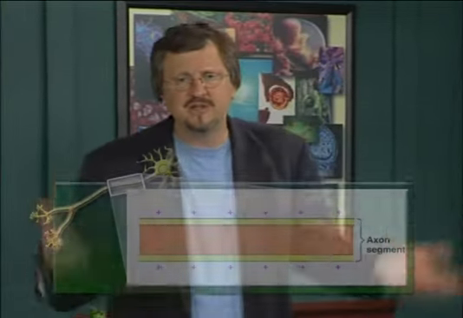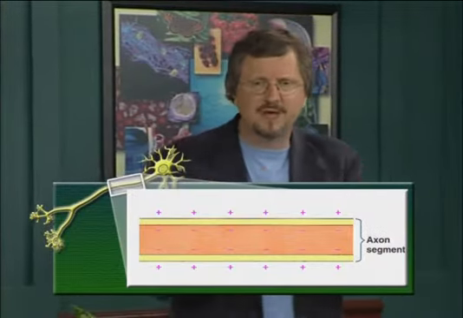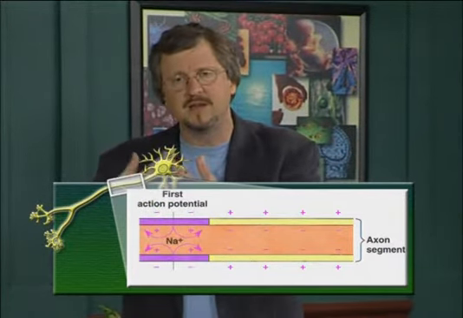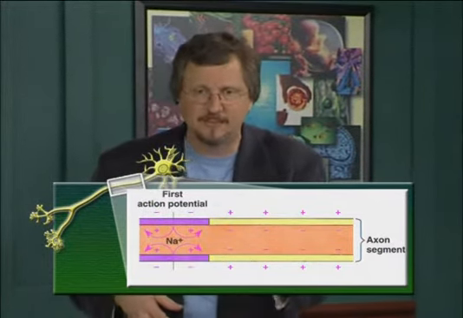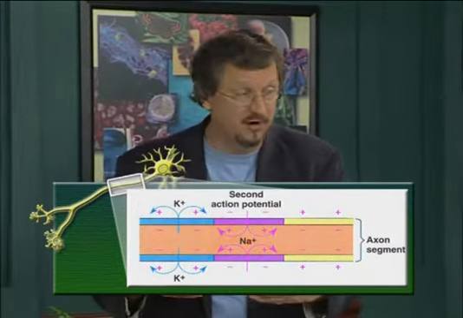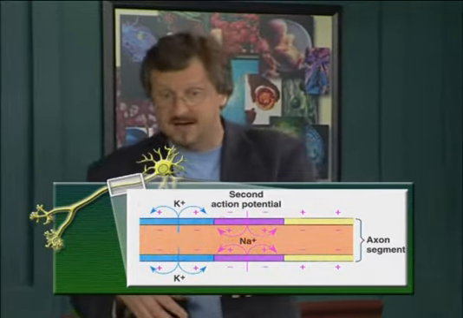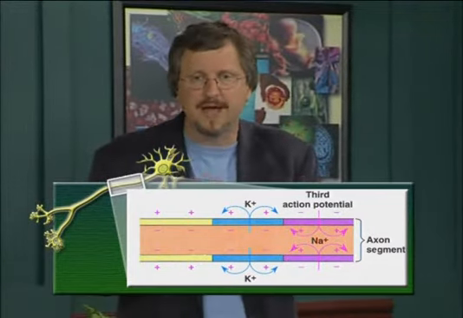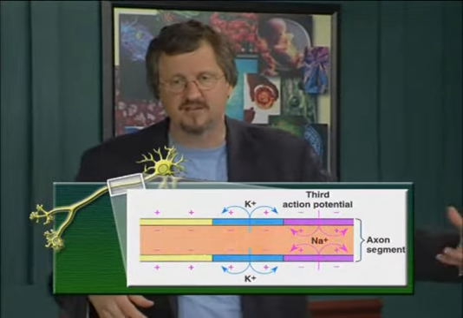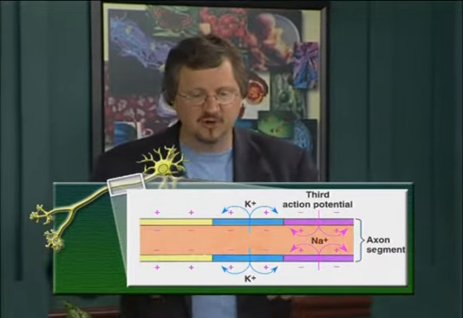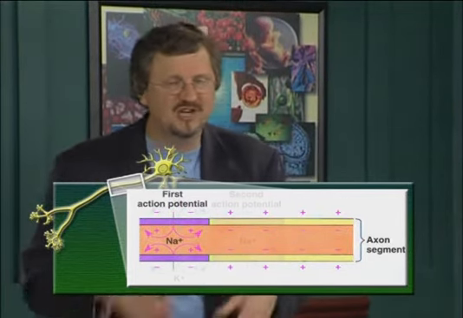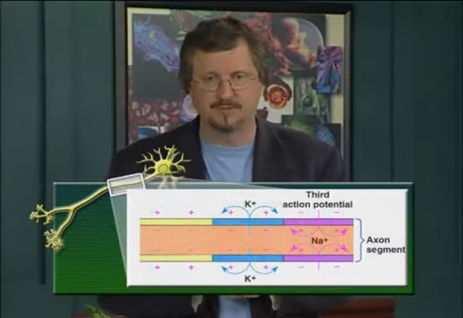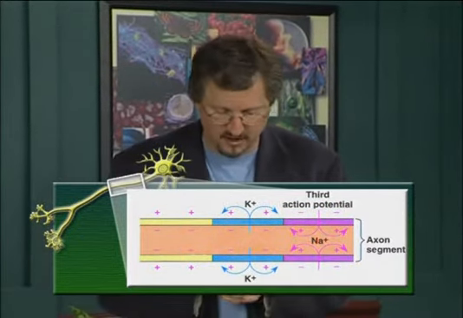If we imagined this cellular wire as a series of discrete patches, it's as though one patch depolarizes, some of the depolarization leaks to the next patch, which causes that patch to depolarize enough beyond threshold, which then leaks to the next patch and so forth. Now, of course, it's really not a set of discrete patches, but a continuous process. But you get the point. It's as though there's a wave of depolarization that flows down the axon as an action potential is traveling from one end of the neuron to another.